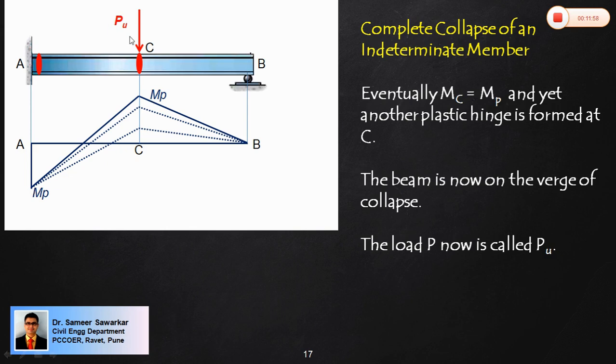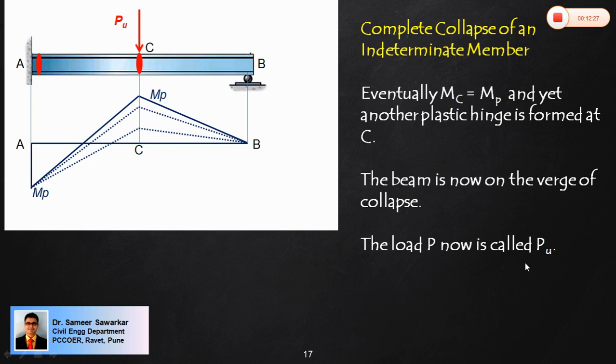Now your load has become so large that another plastic hinge is formed at a point where the bending moment was very high. Now we have one plastic hinge here, one more plastic hinge here, and a roller support here where we already have facility of rotation. The beam is now on the verge of collapse. This load is now called the ultimate load PU.